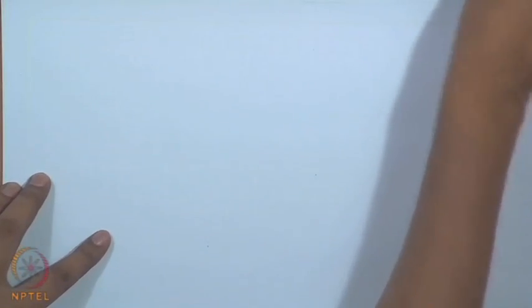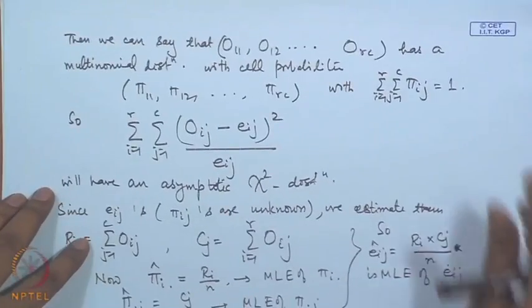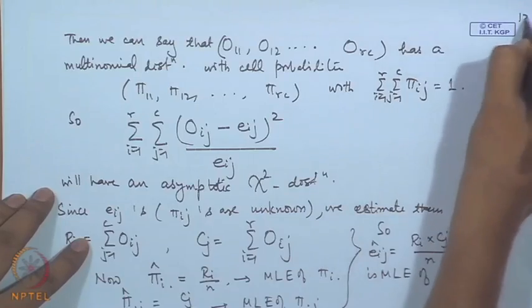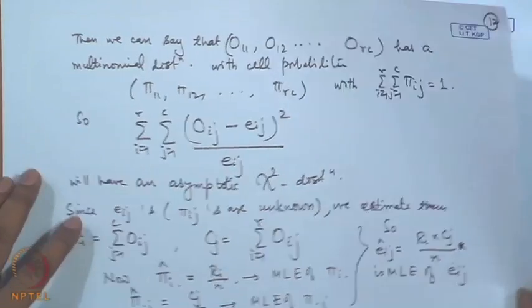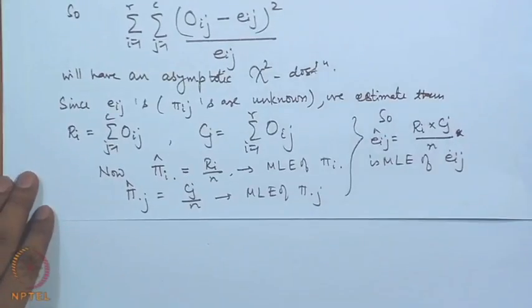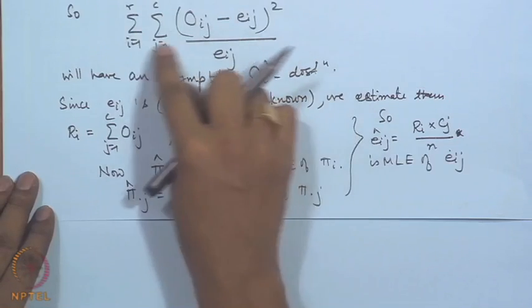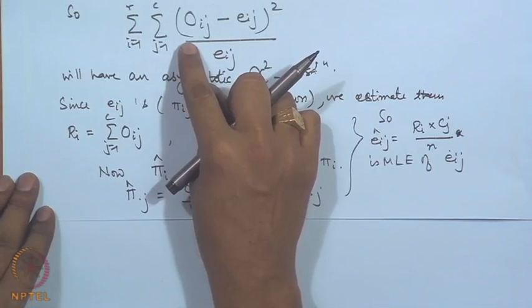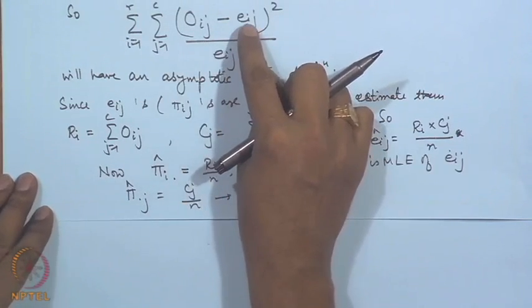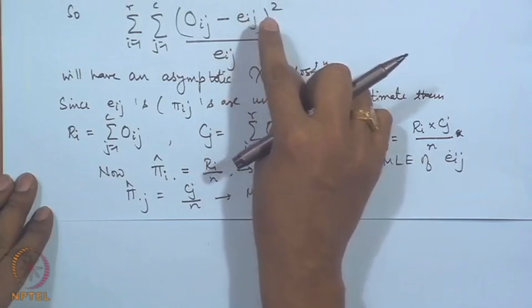So, how many parameters are we estimating here? This total is having R c classes. So, we will have the degrees of freedom R c minus 1.